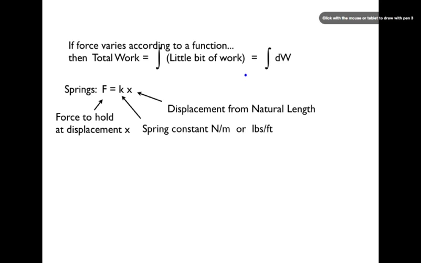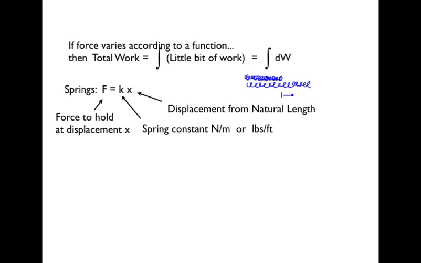So if I have the spring here lying on the table, okay, that's its natural length. And then if we come along and grab the end of it and then pull it like this. So what is X?